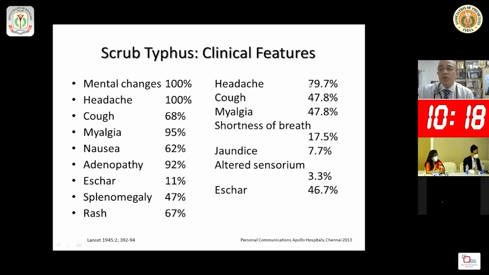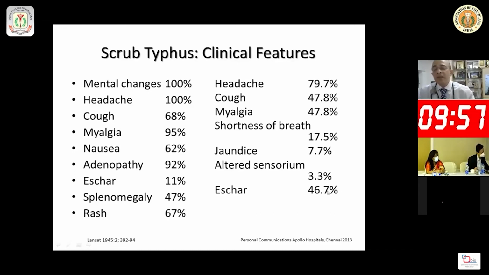Whereas the recent studies showed that headache was seen in up to 80%, cough in 50%, myalgia 50%, jaundice in 7%, and mental changes, which was 100%, were less than 4%, probably because of earlier diagnosis. And the eschar, that is the tick bite area, was seen in almost 50% of our patients.